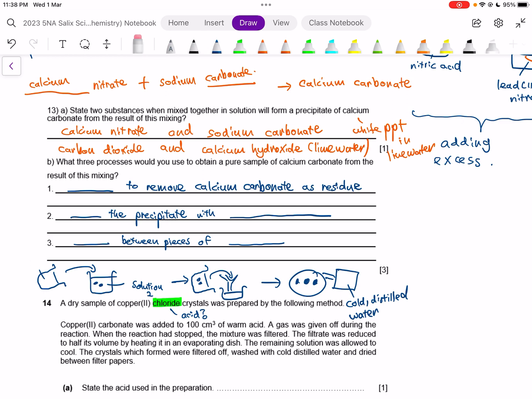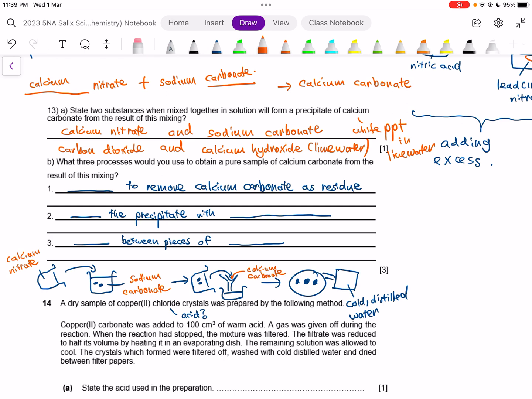Now you know solution 1 is your calcium nitrate, and solution 2 is your sodium carbonate. Then after that you filter to remove, so over here will be what you want, your calcium carbonate.